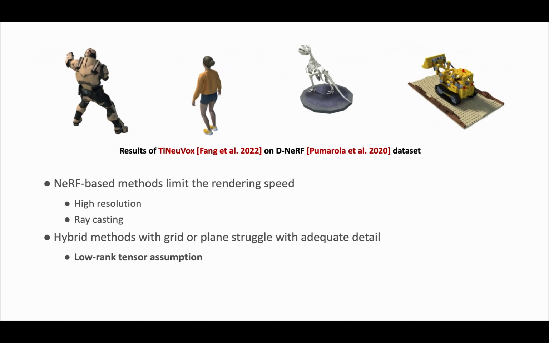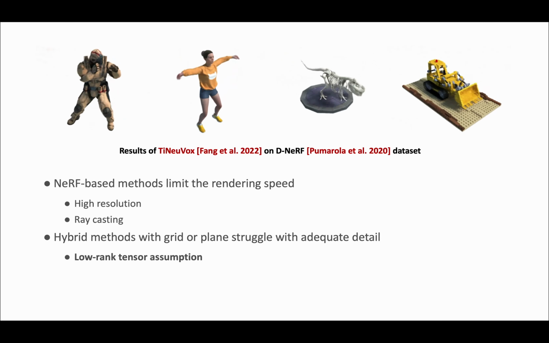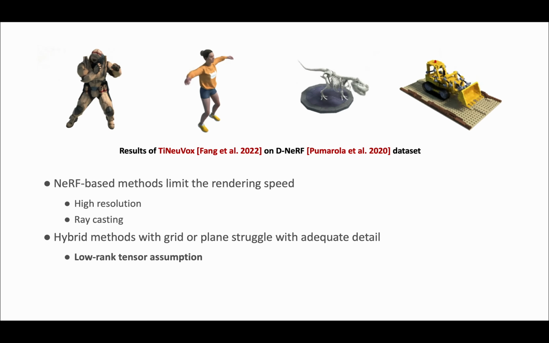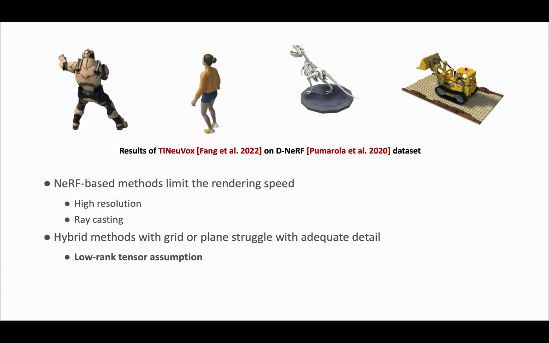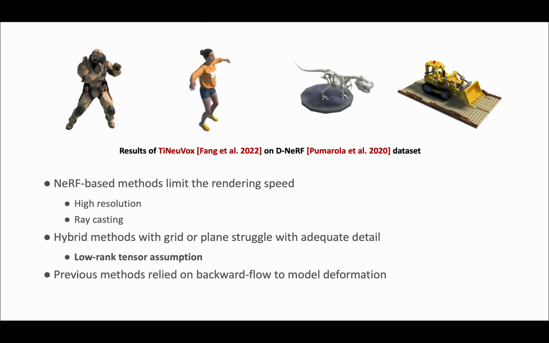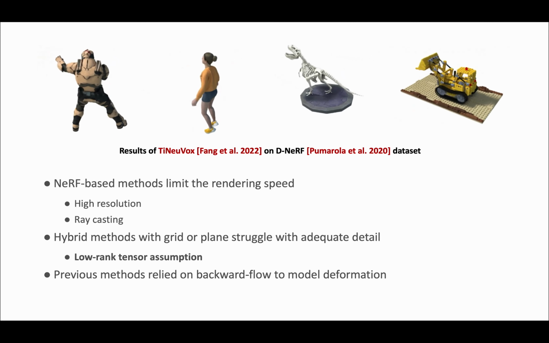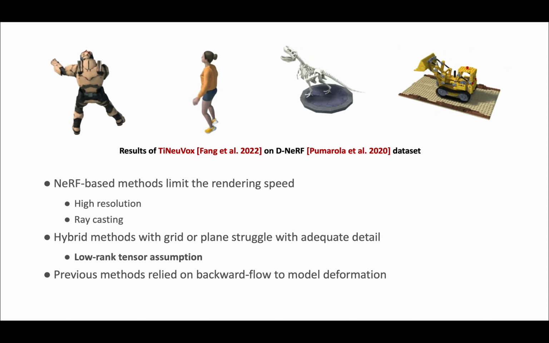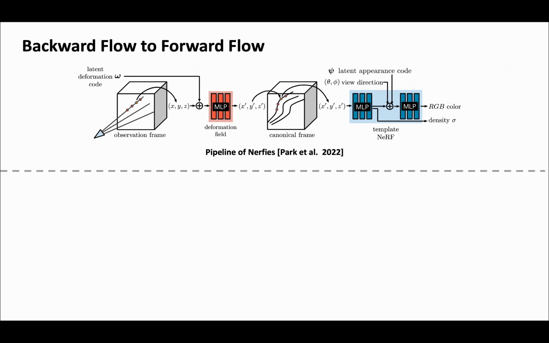Additionally, constrained by the low-rank tensor assumption, dynamic scenes, compared to static ones, have a higher rank that restricts their high-fidelity rendering. Third, previous methods all rely on backward flow to model deformation, which is also a potential factor limiting rendering quality.